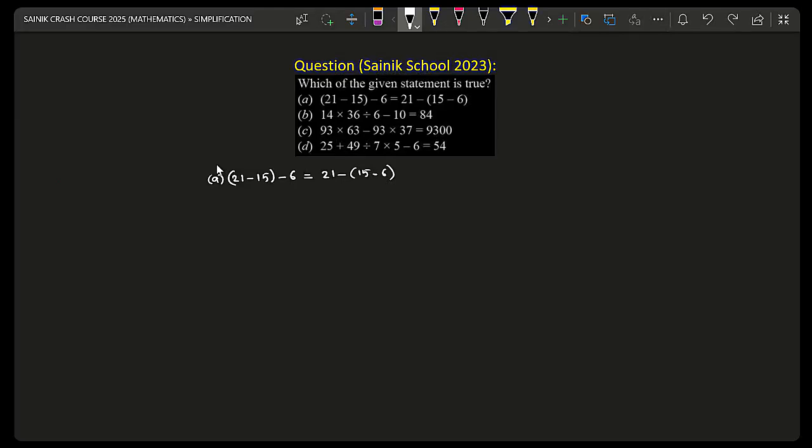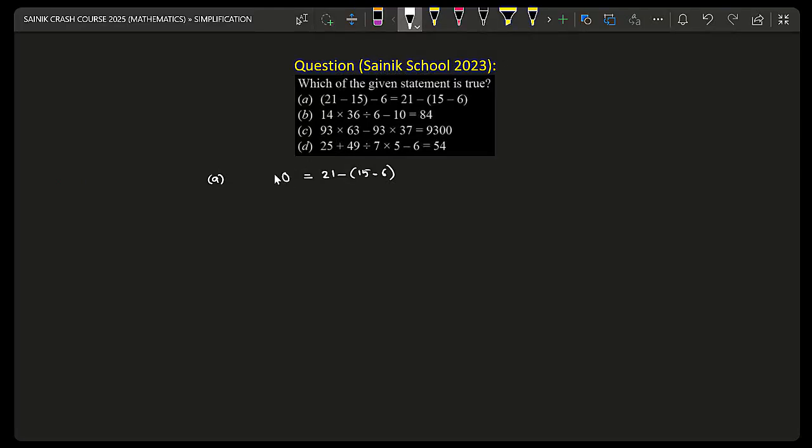What is 21 minus 15? 6. Yes. So erase this part and write 6 here. Now what is 6 minus 6? 0. So erase this part and write 0 here.